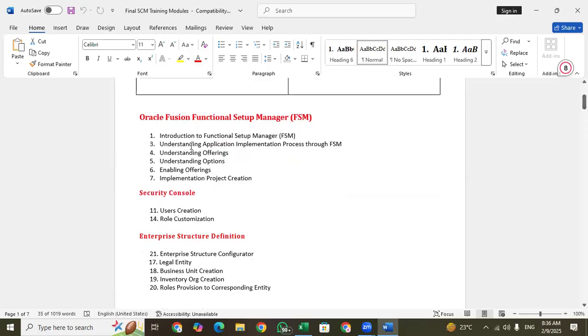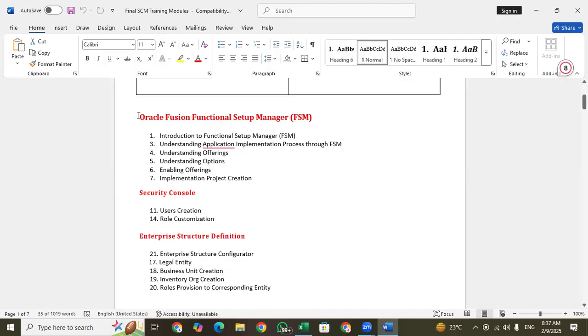It starts with functional setup and maintenance. As functional consultants working for companies, we need a role to perform the setup.